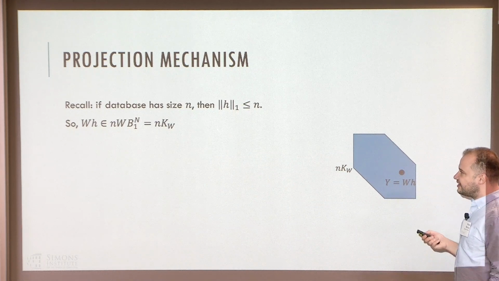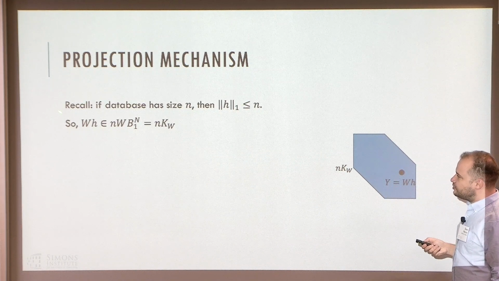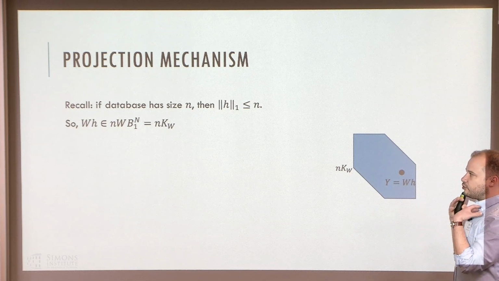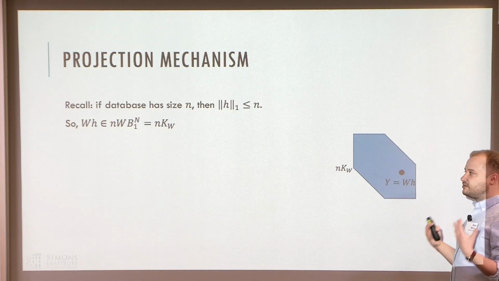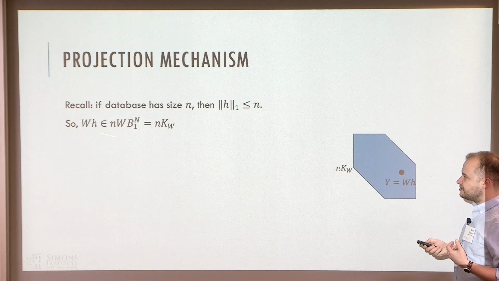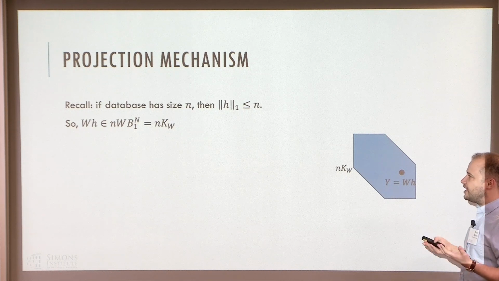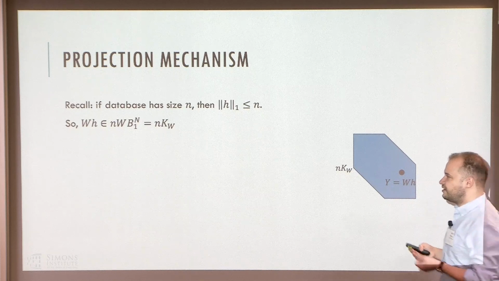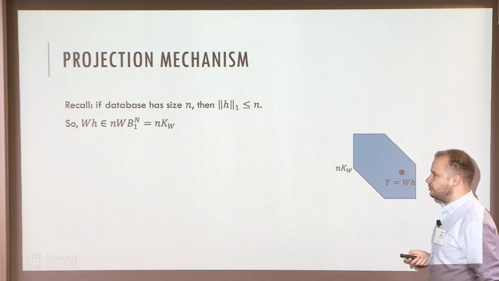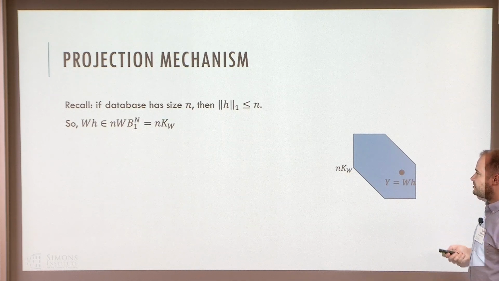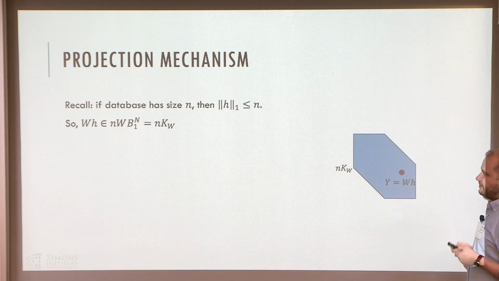So this set contains all possible query answers on databases of size at most n, and it turns out to be exactly n times the sensitivity polytope.